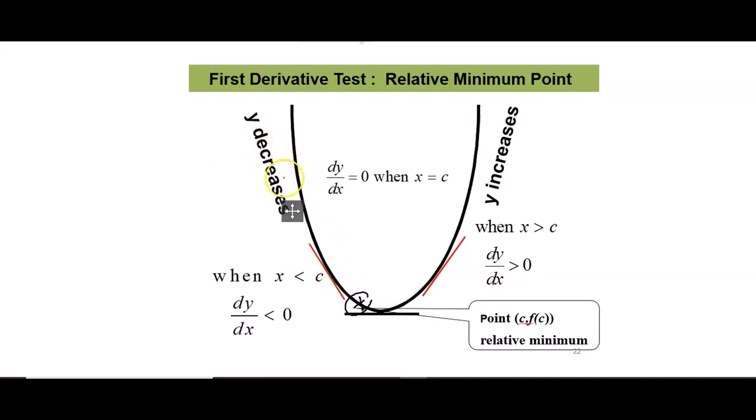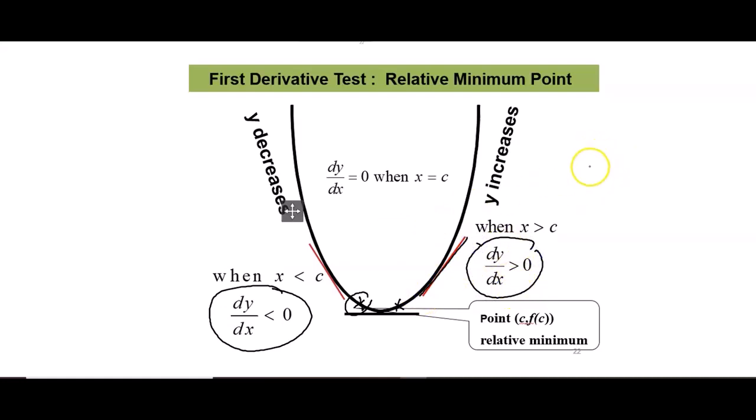If the dy dx gives you a negative value, it means that at the left side the y is actually decreasing. Then you substitute a value which is greater than the stationary point into the dy dx, and it gives you a positive value, meaning that your y is increasing.